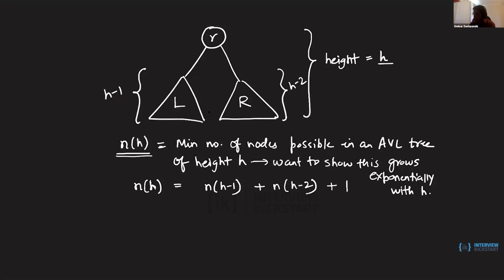So how do we show that for any AVL tree? Well, you take the most watered down, the smallest AVL tree, and show that even for that the number of nodes is growing exponentially with h. So if you have a fatter AVL tree, that's obviously going to be true for that as well. Got it. Thank you.